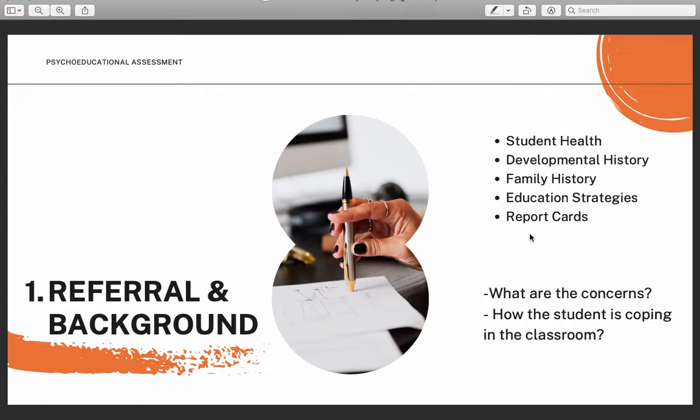Now here, you can see the reasons for referral, like what are the concerns, how the student is coping in the classroom, and knowing about where the student is coming from, and other factors that may have an impact on their learning is extremely important in order to make an accurate diagnosis. Now, in this section, you're going to find the student health, developmental history, family history, educational strategies, and report cards. So basically, in referral and background, you're going to find the child's personal data and background information of his learning, and you're going to find referrals, reasons why you are doing this assessment.